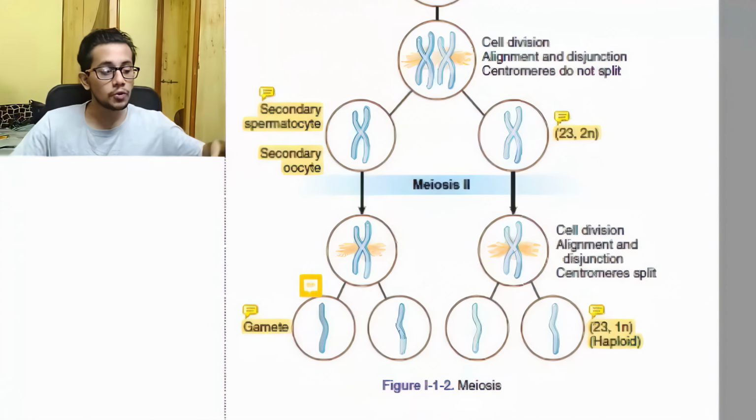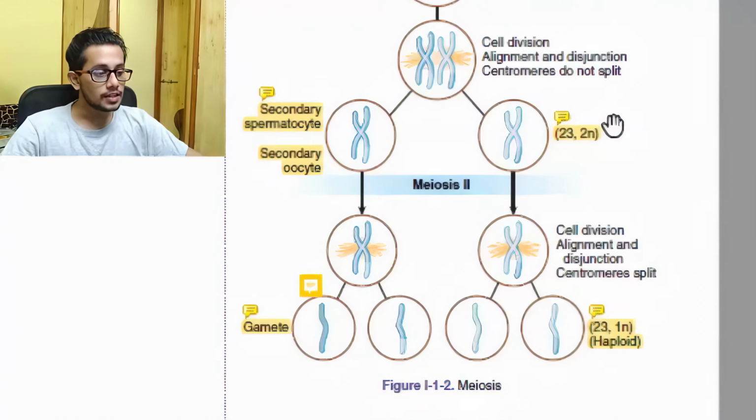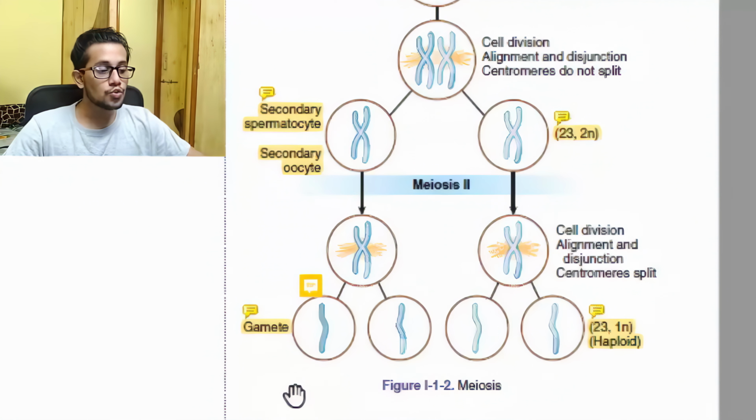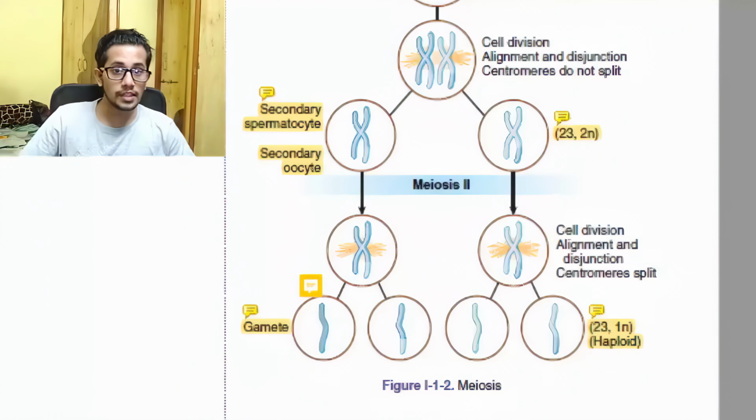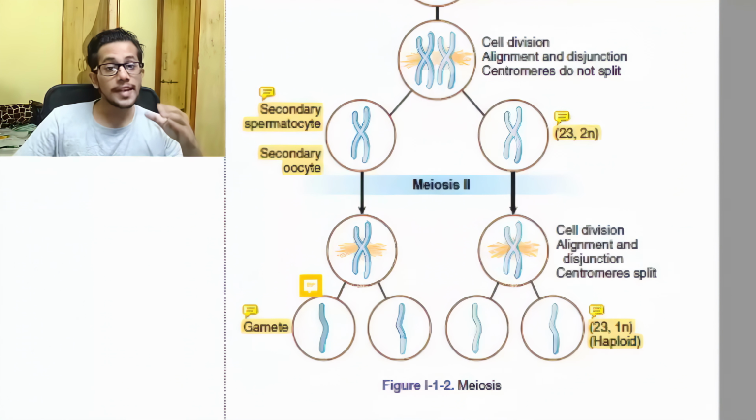Now again, in the process of meiosis 2, let's just assume this right branch does not exist in female. When we go through the process of meiosis 2, we go through the cell division and we are produced with two gametes. The same thing, the majority of the cytoplasm is retained in one and just a minor amount is given to the other cell.